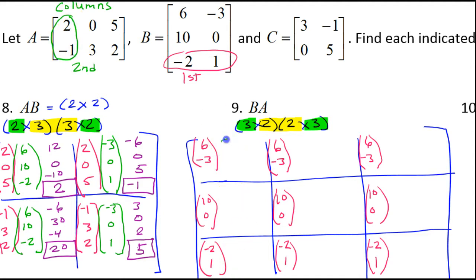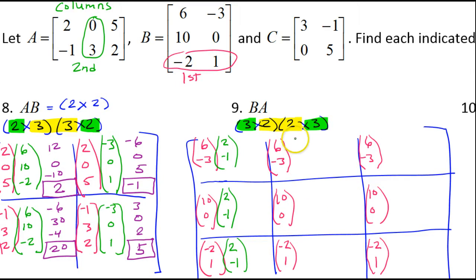So I'm going to put 2, -1 all the way down the first column. The second column goes in the second column. So I'm going to put 0, 3 all the way down the second column.